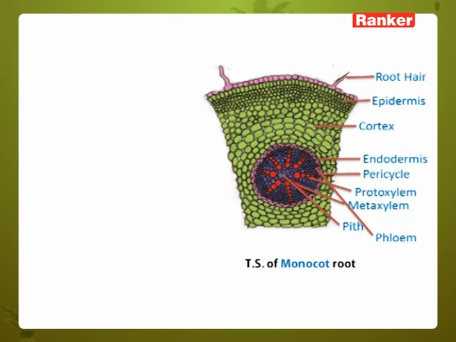Now the pith may be present or it may be absent. If it is present, you can see it in an example like maize. The pith is sclerenchymatous in the roots of Typha, Triticum and Hordeum vulgare. Here the center is occupied by a large number of metaxylem vessels.